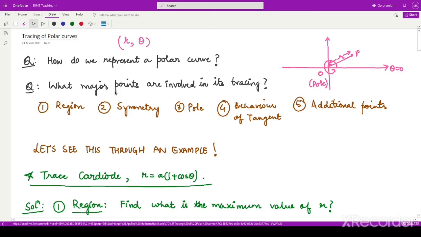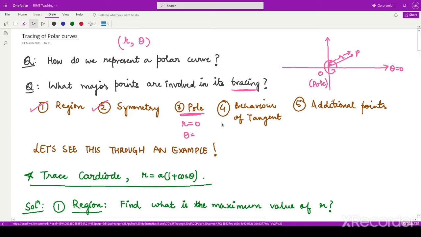Next, the major points involved in tracing a given polar curve are the region, symmetry, and knowing whether the curve passes through the pole or not. The pole in this case is the equation having r equal to 0, and theta could be any angle.